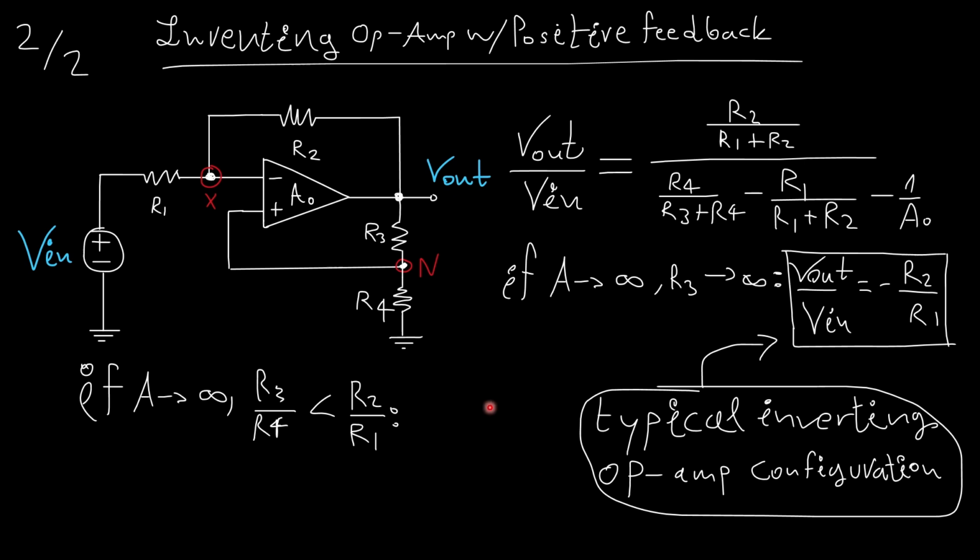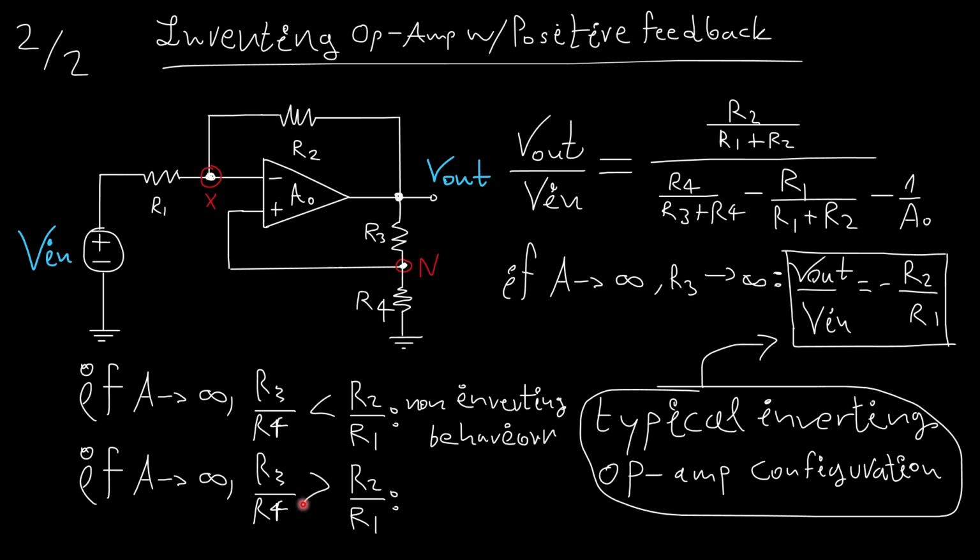I would notice two behaviors. Well, if I know that R3 over R4 and R2 over R1 are not equal, if I made sure they were not equal, and I say that if this was lower than this, I would notice a non-inverting behavior. I'll notice that Vout would be positive with respect to Vin. Alright, you can see it here. This denominator would be positive, and my output would be positive if I had the positive inputs.